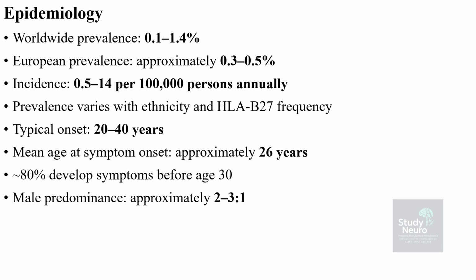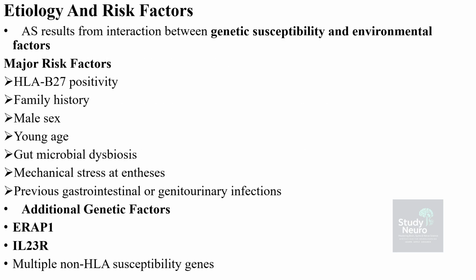The exact cause of ankylosing spondylitis is not fully understood. It develops through an interaction between a person's genetic susceptibility and environmental influences. Genetics matter, but they do not act alone. The strongest known genetic association is HLA-B27, although only a proportion of people who carry this marker develop the disease.